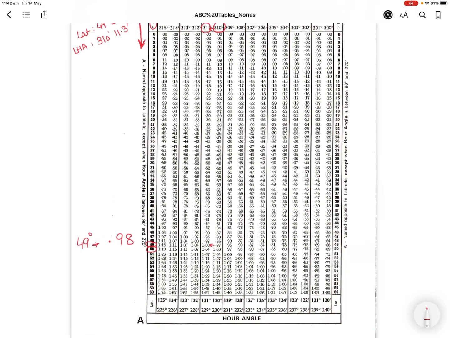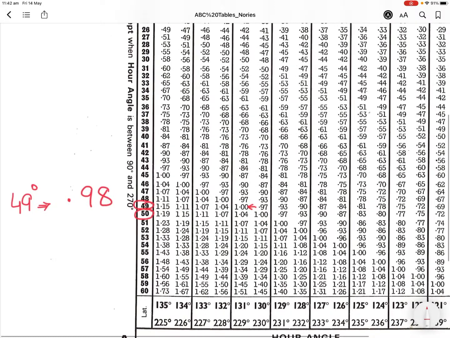And similarly, I'm just zooming in here, I'm going from 1 to 1.04. So for 50 degrees my value will be somewhere around 1.00 or 1.01, let's say. All right, so you might have to do a little bit of interpolation here.